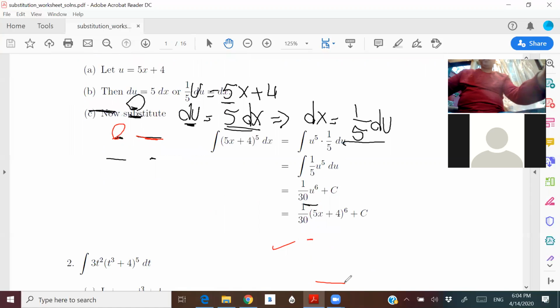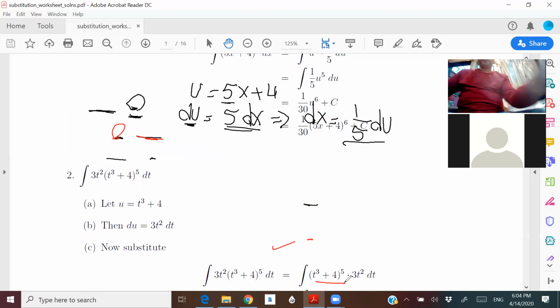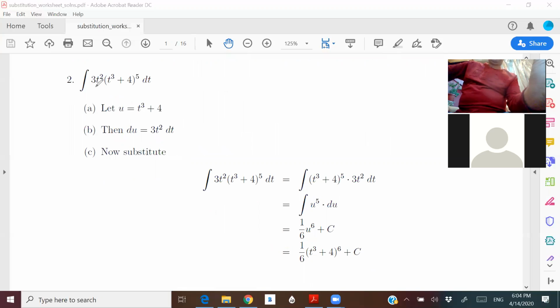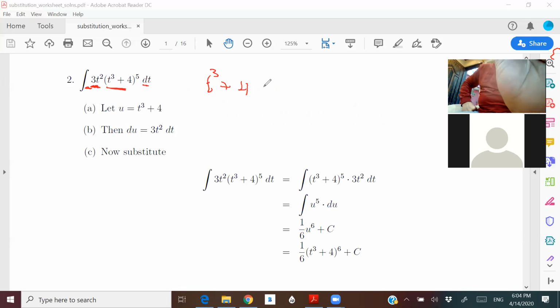Okay, another one, the same situation: the integral of 3t^2 times (t^3 + 4)^5 dt. Now we have an extra part there, but by using the same way, I can replace t^3 + 4 by u.